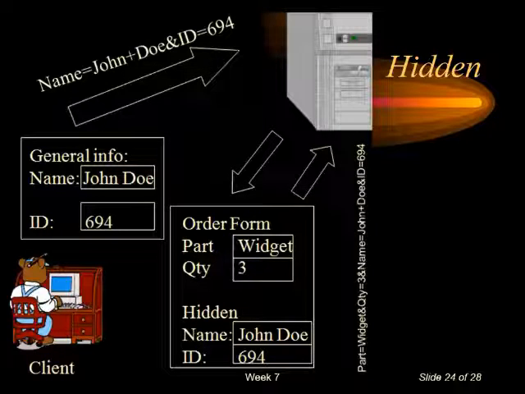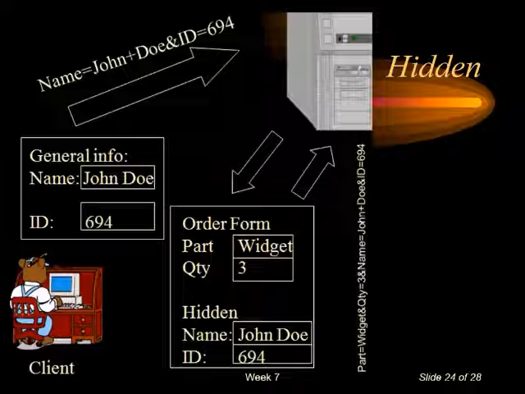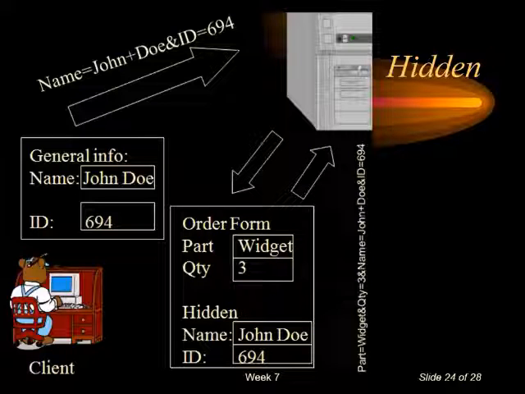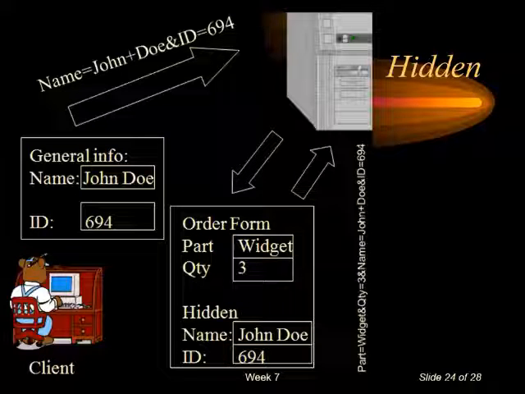With input type equals hidden, what happens is that the visitor logs in. So in this case, he logs in as John Doe with a password of 694. And then it comes back and it says, great, John, what would you like to buy? And John says, I want to buy 3 widgets, and hits enter.